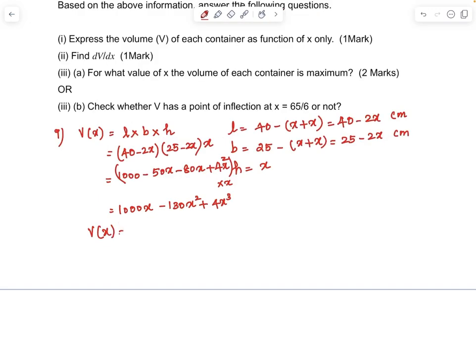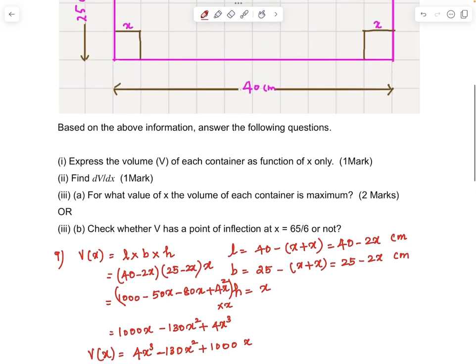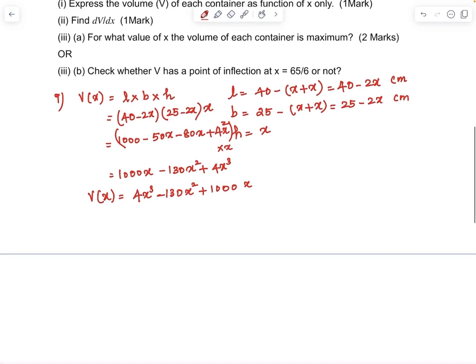V of x is equal to 4x cube minus 130x square plus 1000x. Done. Second one. Find dV by dx.